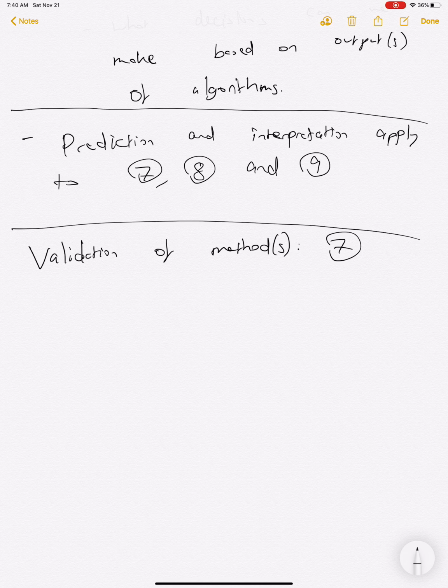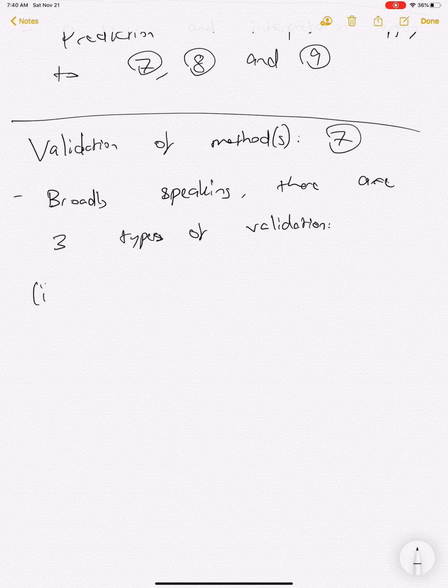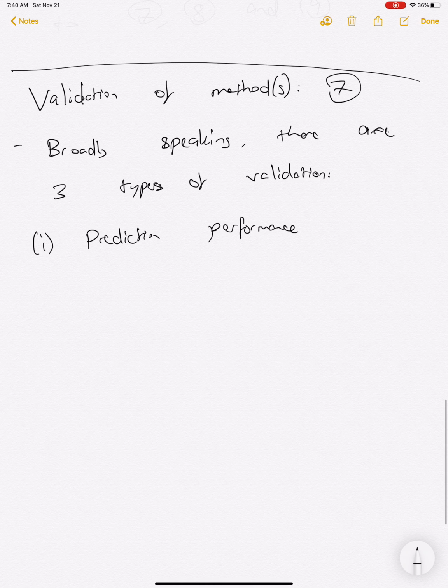For the validation, broadly speaking, there are three types of validation. So the first one is prediction performance. And that's really talking about the test or validation set error.